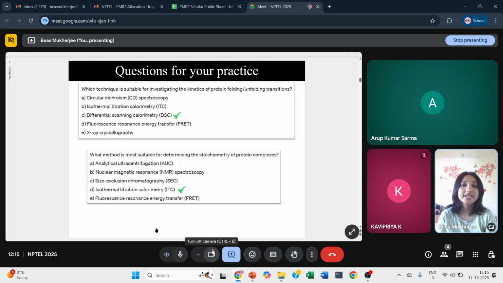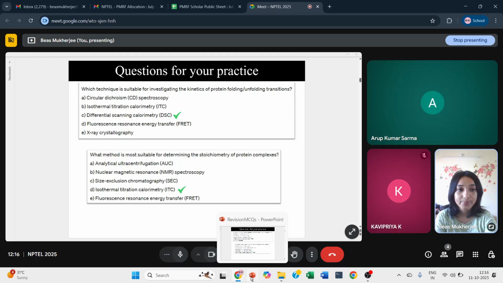For the second question, analytical ultracentrifuge is a good answer, and size exclusion chromatography is also a good answer. What would be most appropriate for determining the stoichiometry of protein complexes? Size exclusion chromatography and analytical ultracentrifuge would be more appropriate answers compared to ITC.